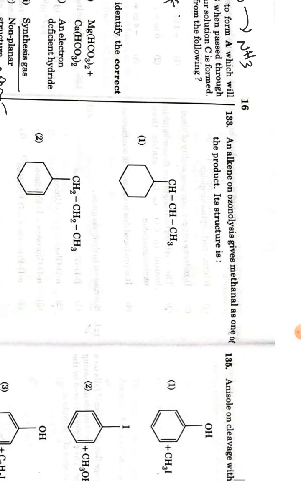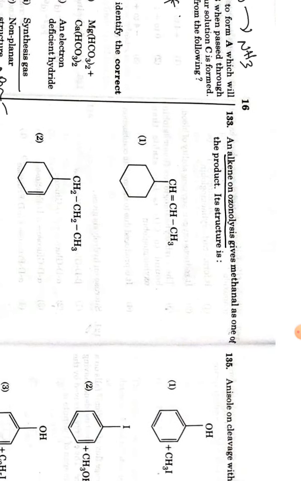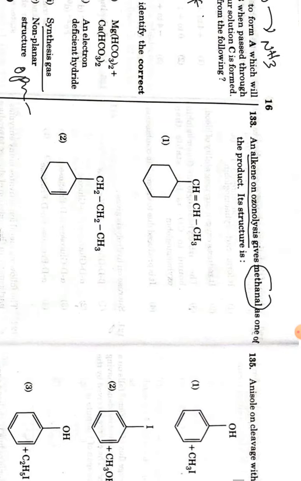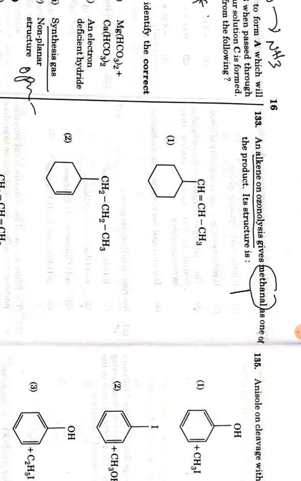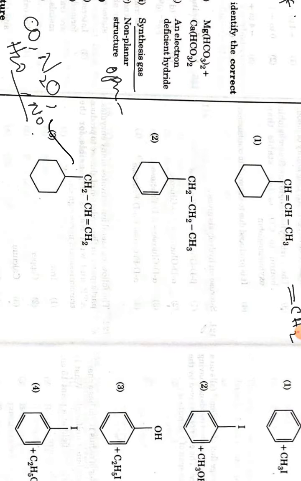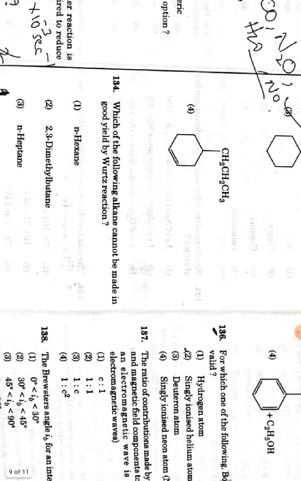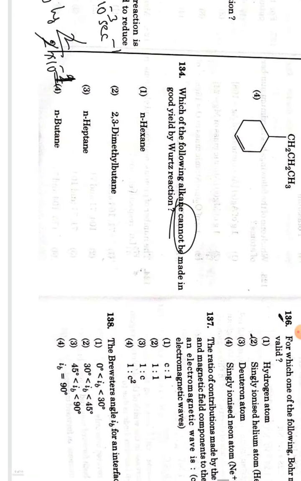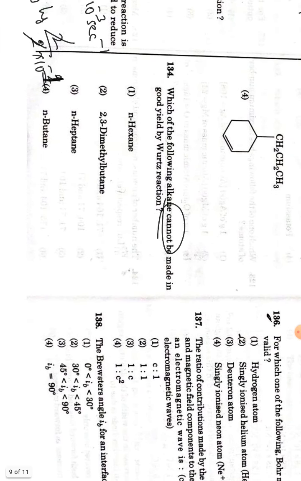Now 133, an alkene on ozonolysis. There is no need to go for a hard and fast rule. Methanol will be obtained when there is a terminal alkene. Just by looking at the options you can get this one, right? Which of the following alkanes cannot be prepared in good yield with Wurtz reaction?